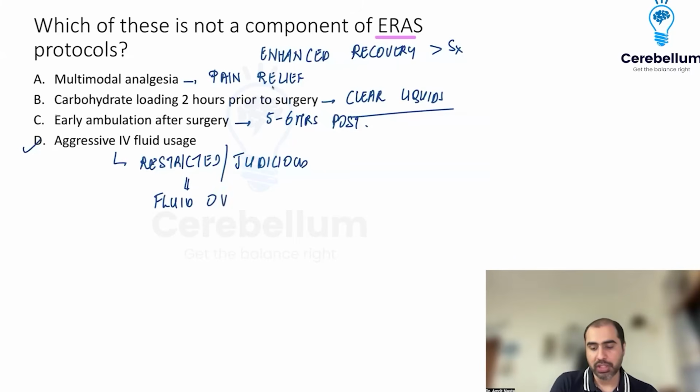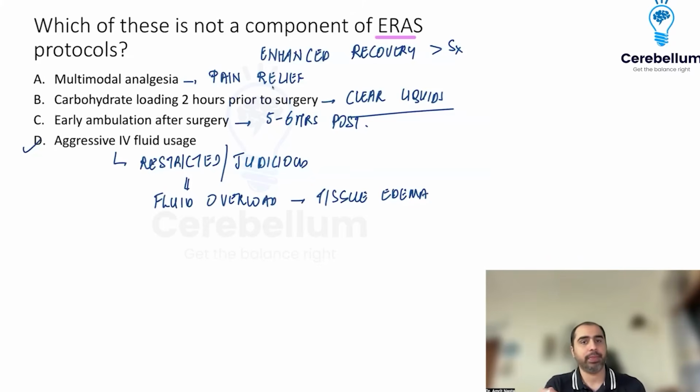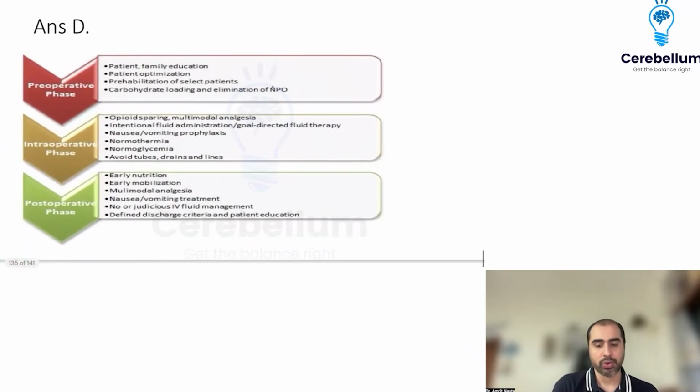If you give too much IV fluid, he will have fluid overload, which can cause pulmonary edema and tissue edema, and that tissue edema will affect wound healing. So you don't give too much fluid, you give limited fluid. If you give limited fluid, you don't have to catheterize them. They will pass urine comfortably. So their recovery is faster. So these are the ERAS protocols.